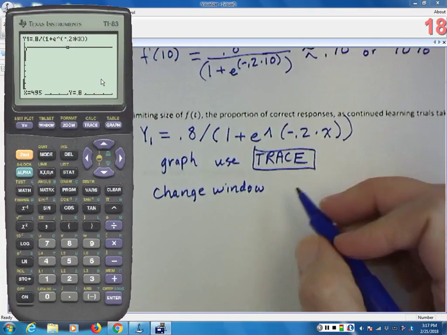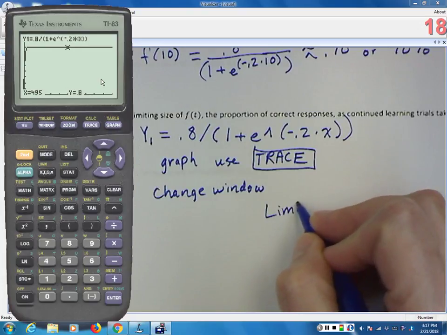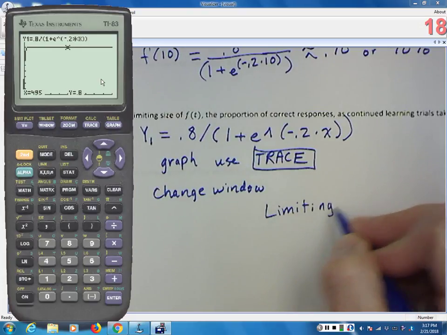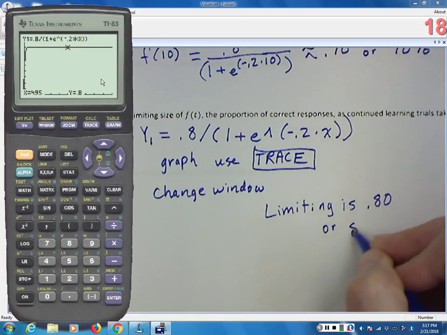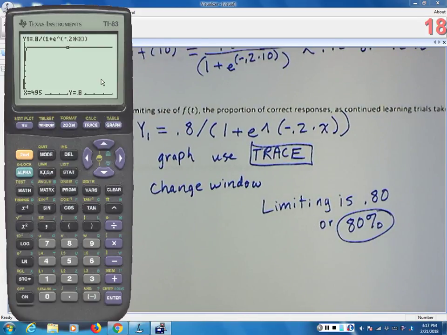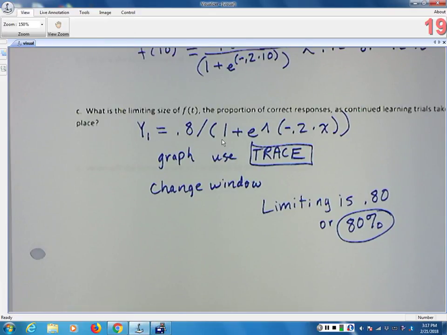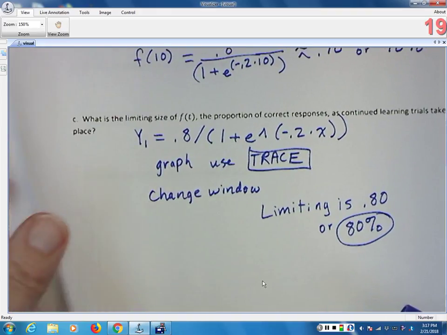So the limiting size inside our calculator is 0.80 or 80%. It will always be C as long as you got a 1 there. Okay, so that's the limited logistic growth model.